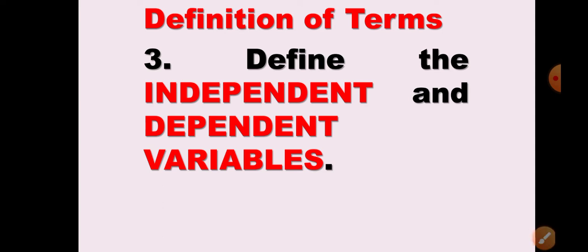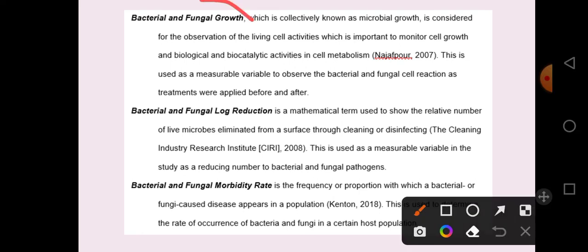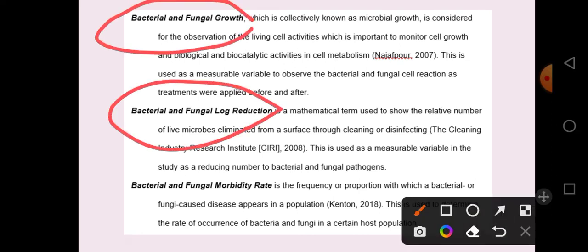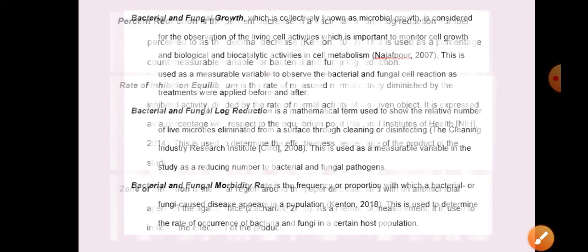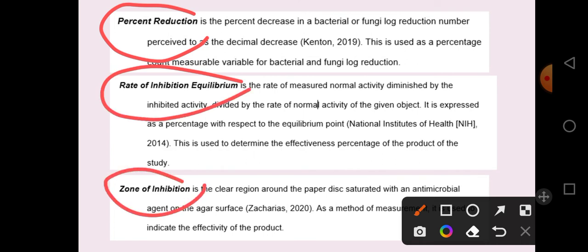Next, we have here this example: bacterial and fungal growth, bacterial log reduction, bacterial and fungal morbidity rate. Then we also have percent reduction, rate of inhibition equilibrium, and zone of inhibition. Class, what are the similarities of those terms?